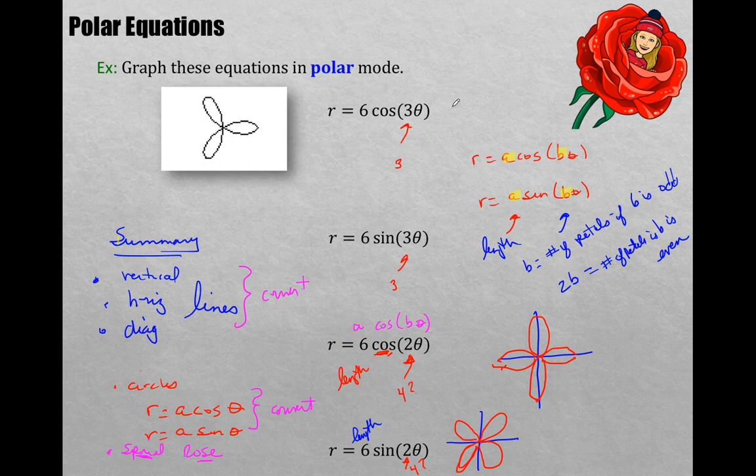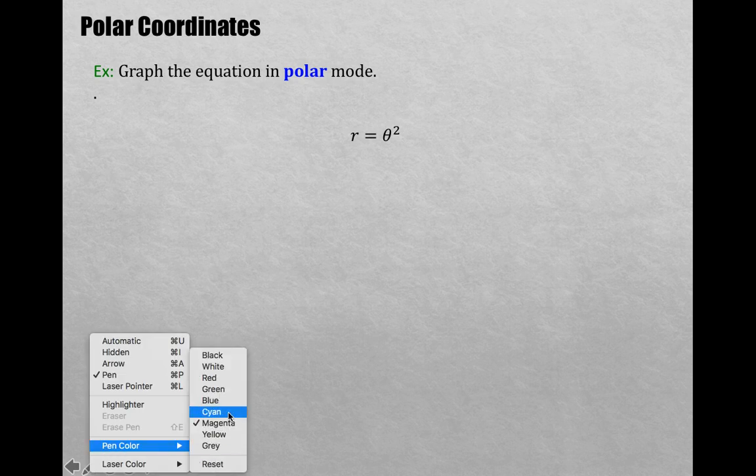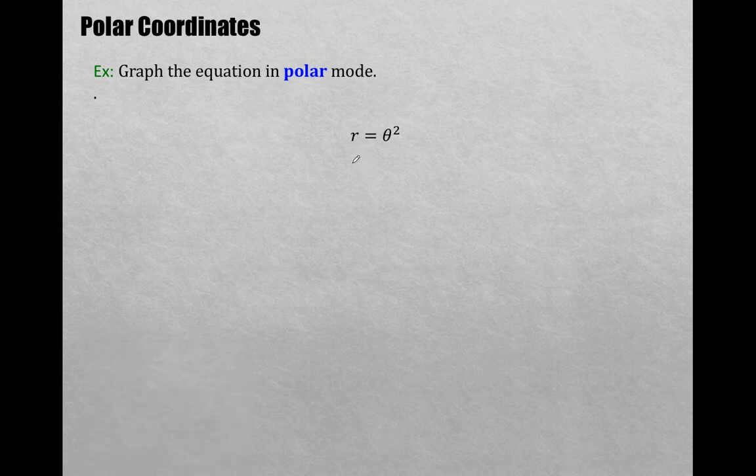Okay? So before we go, look at this one. What do you think this is? If you just have r and no cosine and no sine, but you have theta, could you identify it? That's our spiral. Remember, we had that before.